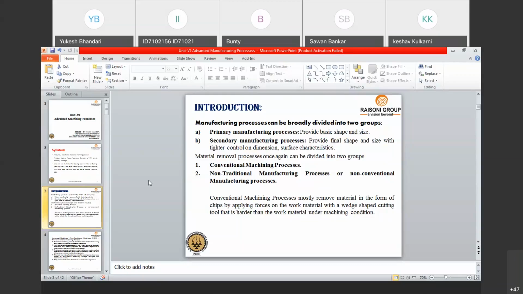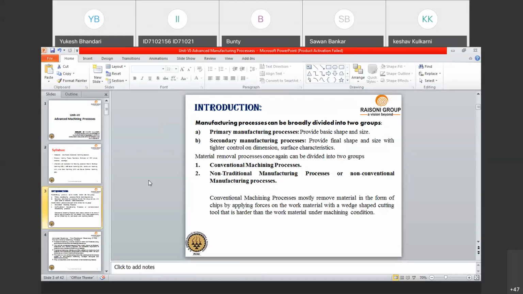You all know that in conventional machining, material is removed in the form of chips by applying different types of forces on the workpiece with a sharp-edged wedge-shaped cutting tool that is harder than the work material under different machining conditions.